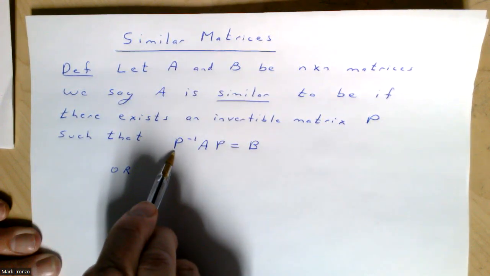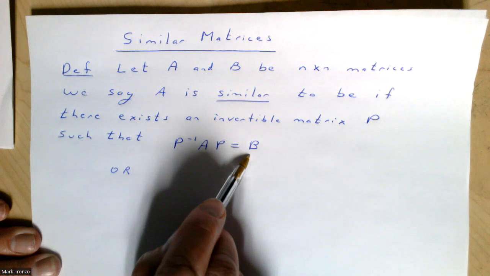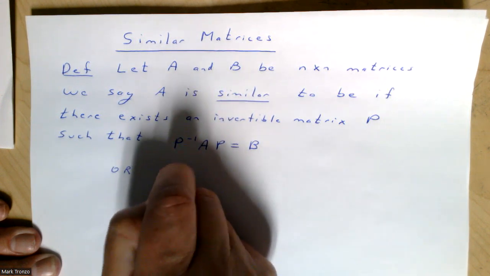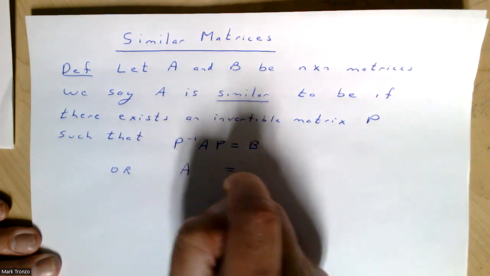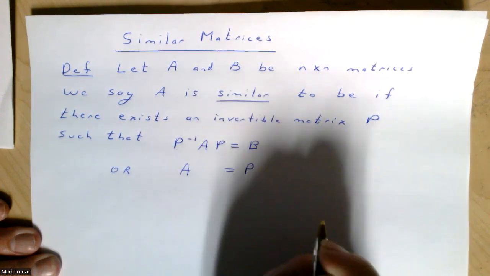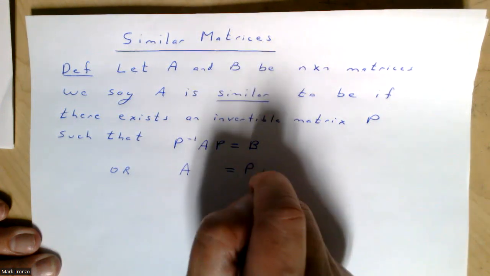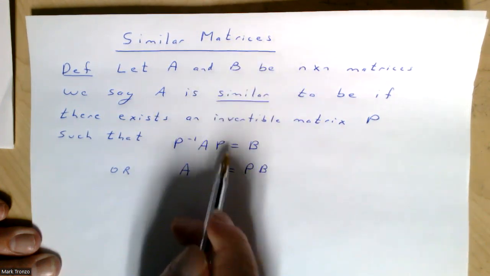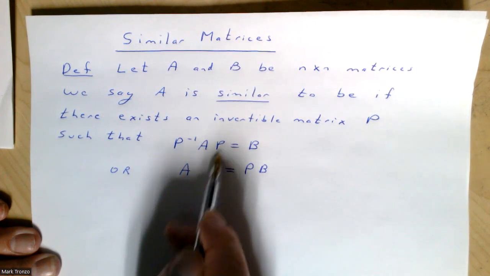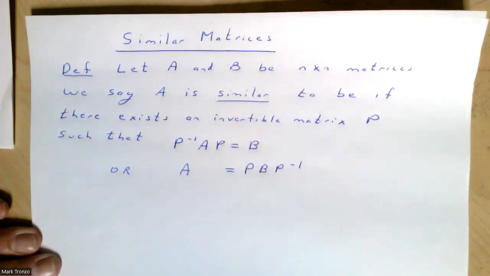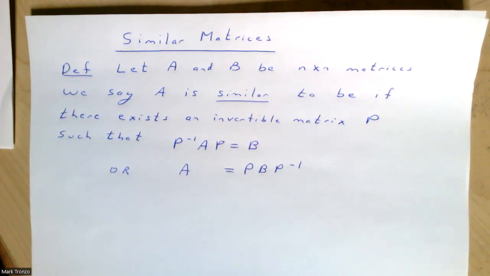If we multiply this side by P, this would be I, and then we would end up having P here. And if you multiplied this side by P inverse, you get that.